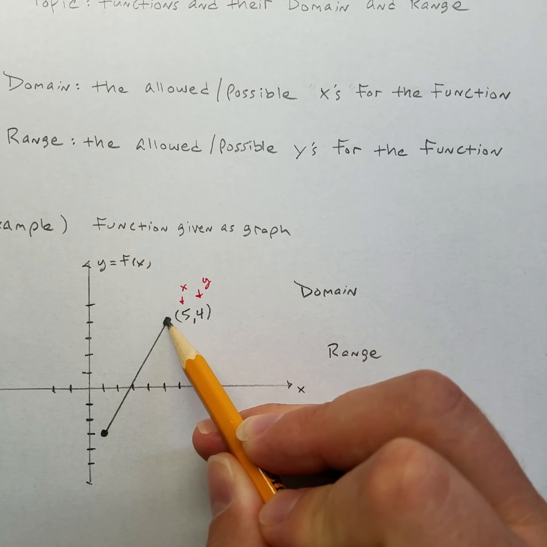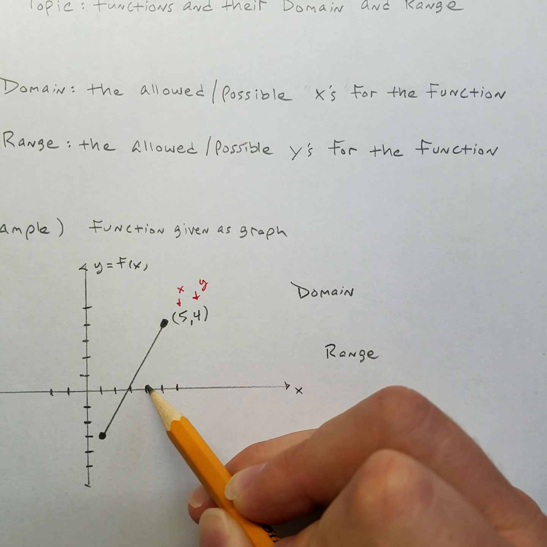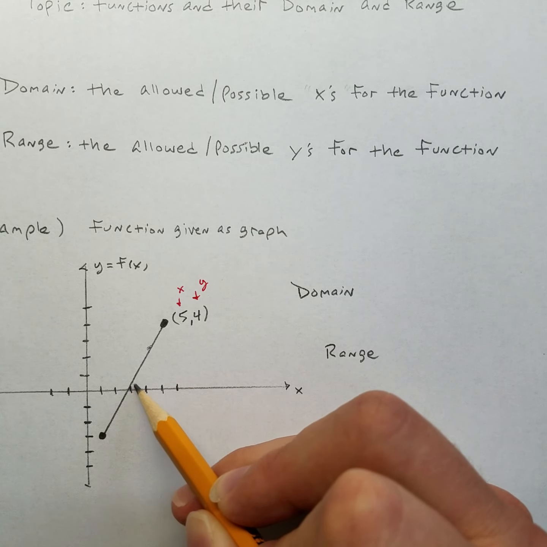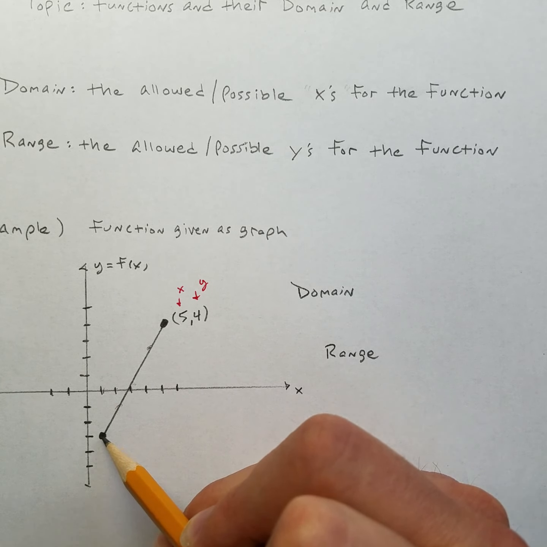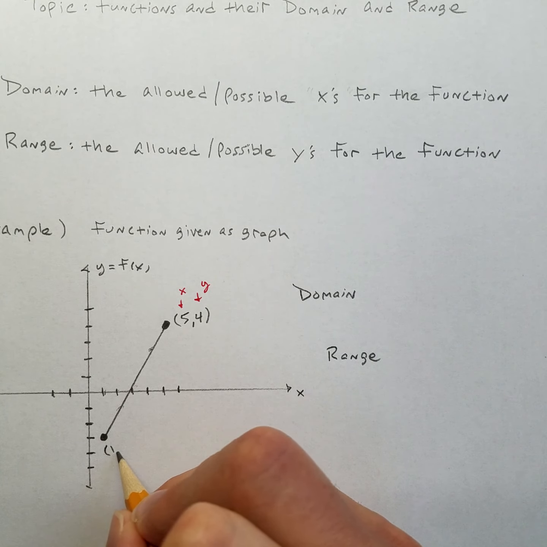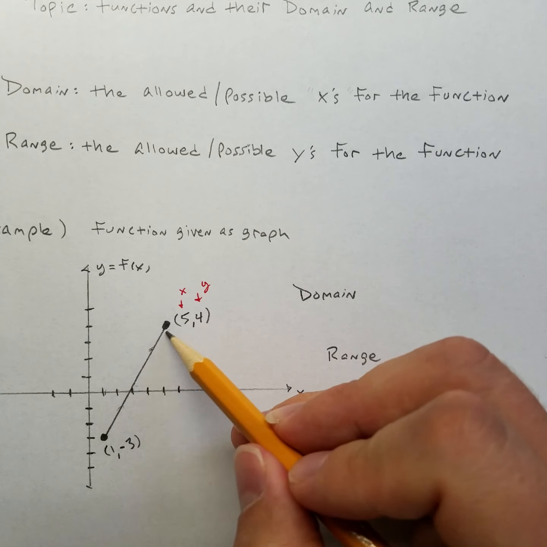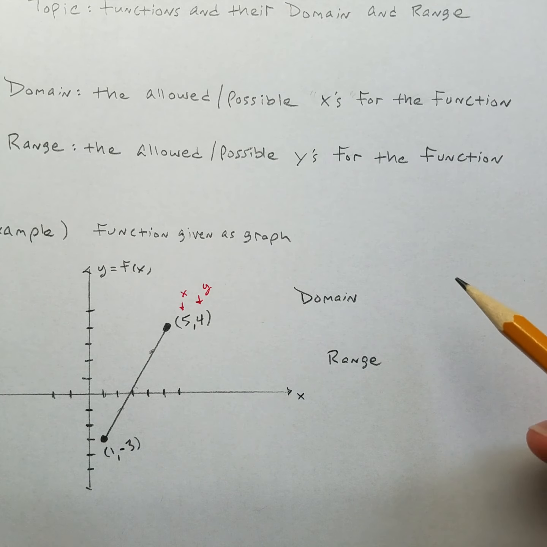Yeah, like right there at that point, we got 5 for x. Do you think x could be 4? Yeah, because there's this point. And can it be 3? And can it be 2? And could x be 1? Yeah, look, what's this point right here? 1 for x, -3 for y. So, there's all these points on here. I only made 2 of them bold, but they're all there.